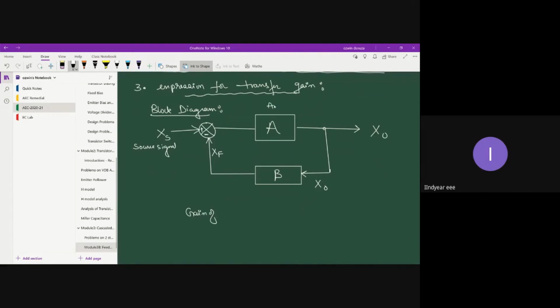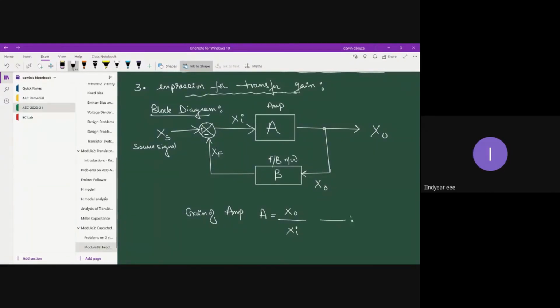So gain of the amplifier we shall consider as A. What is the gain? Output signal to the input signal. For the amplifier, the output is x0 and the input is xi. So let's take this as xi.